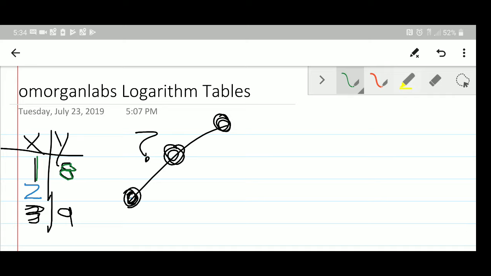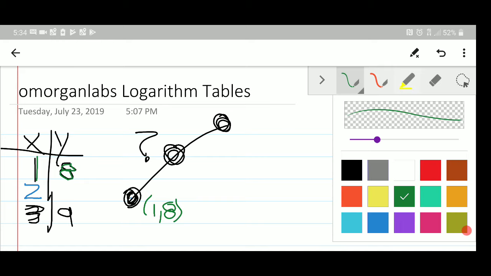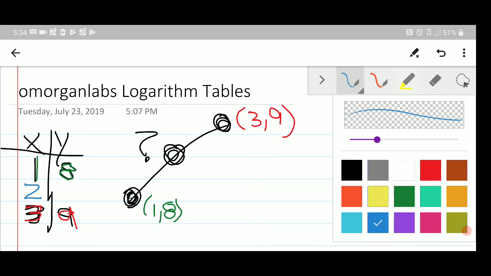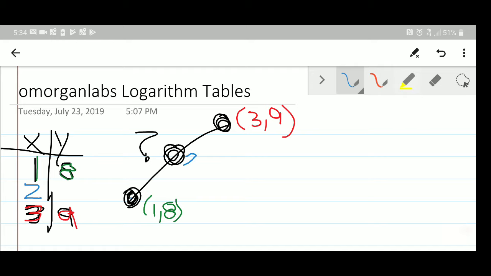And then I'll make this one red, 3, 9. And then we have to find the blue, 2. And then we don't know what the y is.